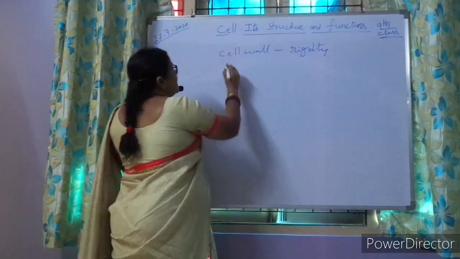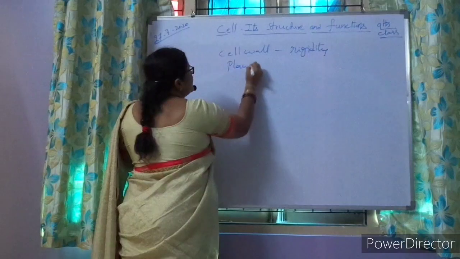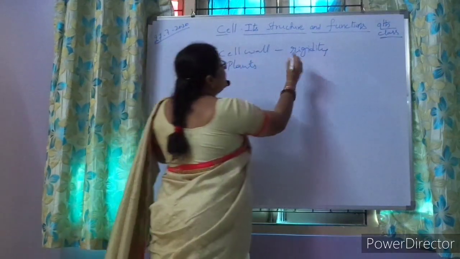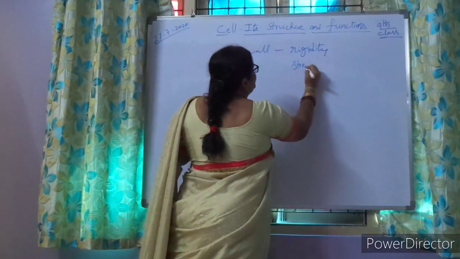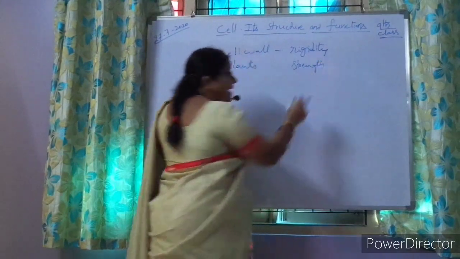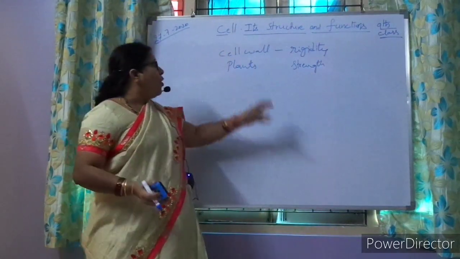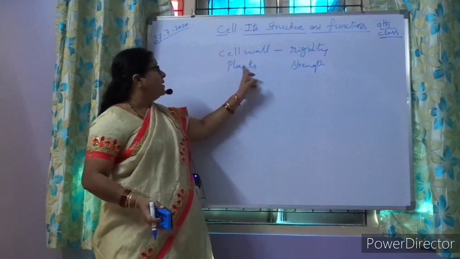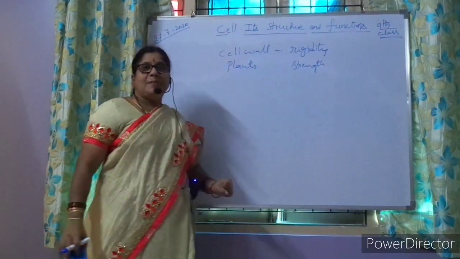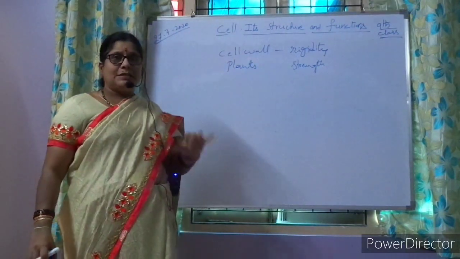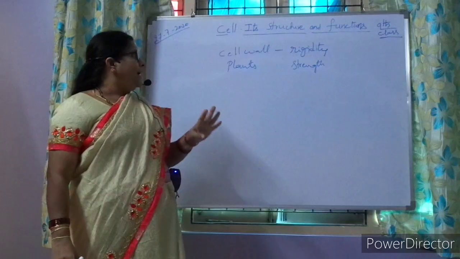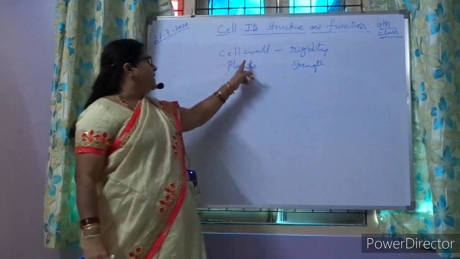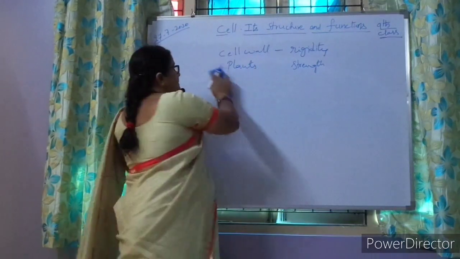It is present only in plants, and it gives rigidity and strength. The weight of the plant is borne only because of the cell wall, and it is made up of cellulose, hemicellulose, lignin and pectin, suberin, etc. Is it clear?